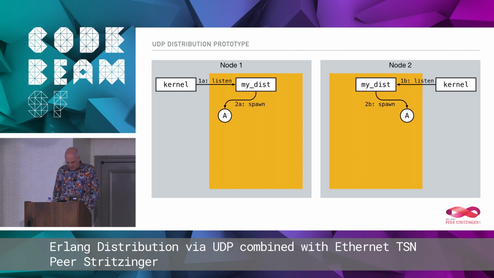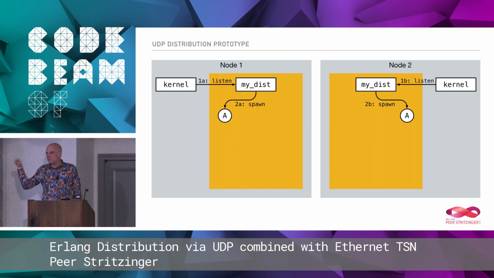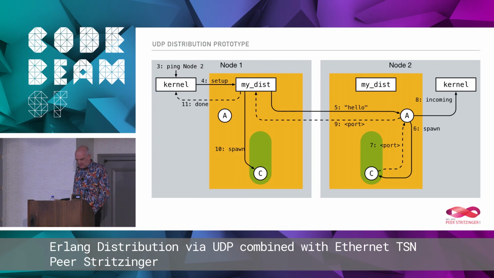In the beginning, the kernel tells the distribution modules to listen, which means they spawn an acceptor process. The circles are processes in this case. The acceptor process initially just sits there, and then one node wants to talk to the other node.